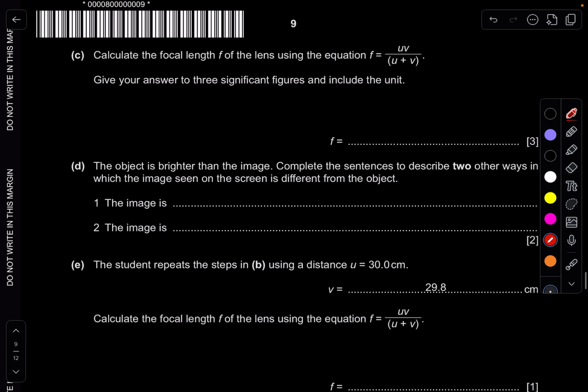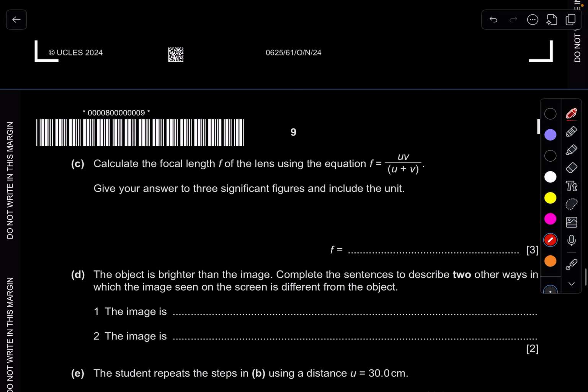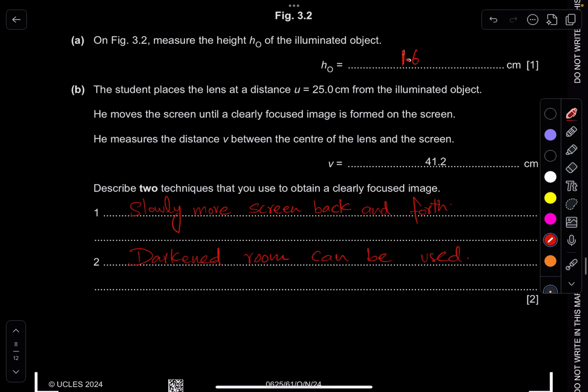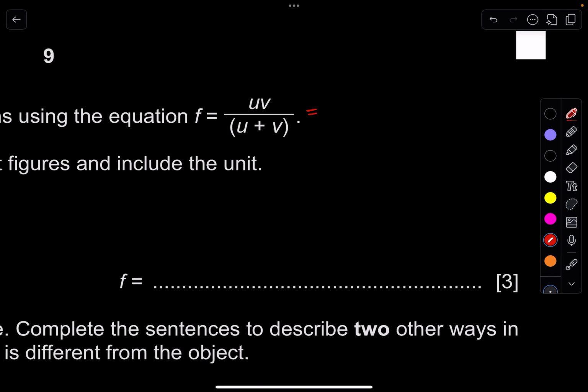Okay, in part C, calculate the focal length f of the lens using this equation. You just have to put the values, and the values are given above. This is the value of v, and this is the value of u, given in the b part. For u it is 25, for v it is 41.2.